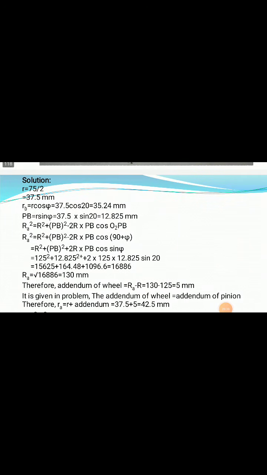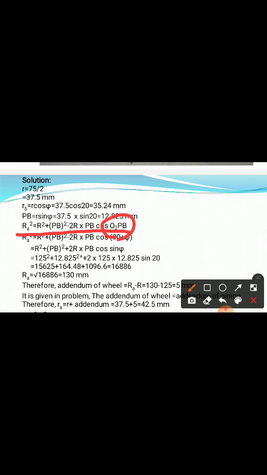To find out RA, considering this triangle O2PB, we can write RA square is equal to R square plus PB square minus 2 into R into PB into cos of the angle included between those two sides. The angle between the remaining two sides is this angle O2PB.